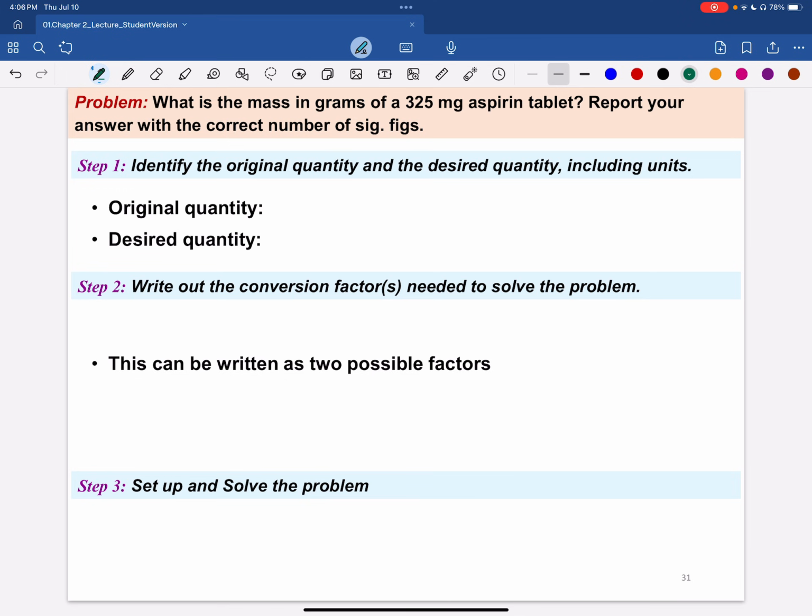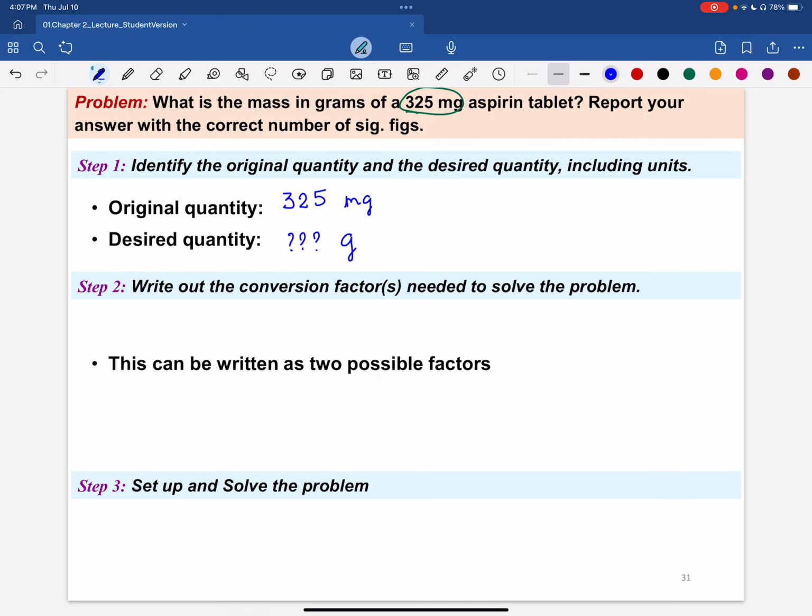Another problem. What is the mass in grams of a 325 milligram aspirin tablet? When you read a word problem, first of all, write down what was given and what was asked. In this problem, they gave you a quantity of 325 milligrams, and they asked you to convert milligrams to grams.